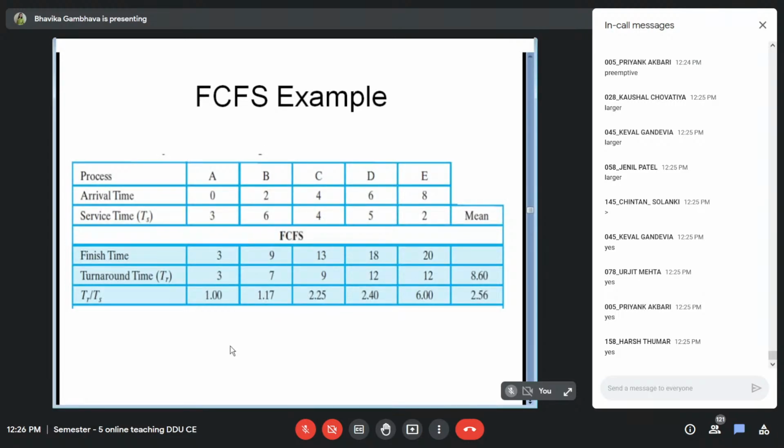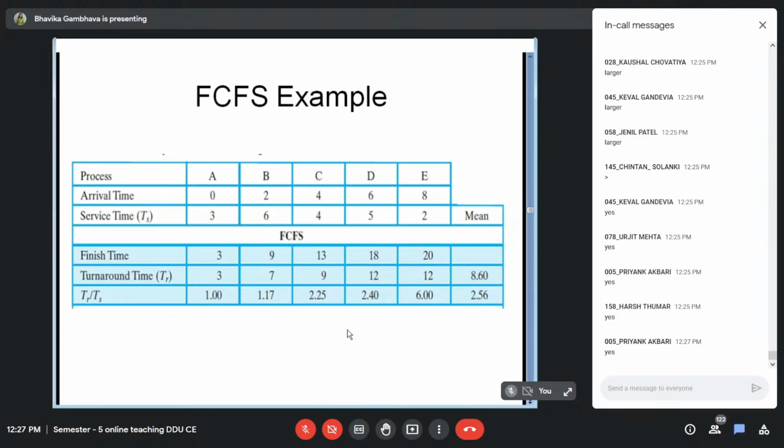Are you getting this? The last one is normalized turnaround time. Normalized turnaround time is turnaround time divided by the service time. So here turnaround time is 3, service time is 3, so 3 divided by 3. Here it is 7 divided by 6. 9 divided by 4 and so on.